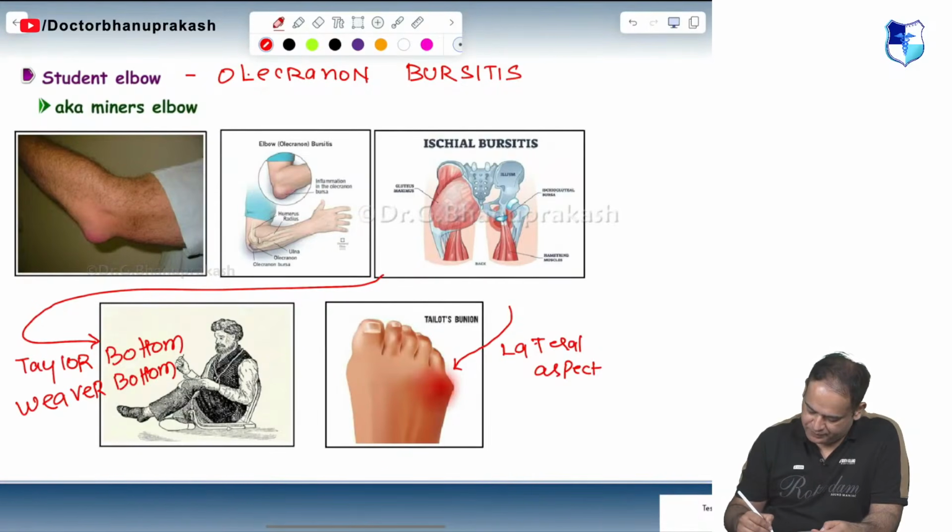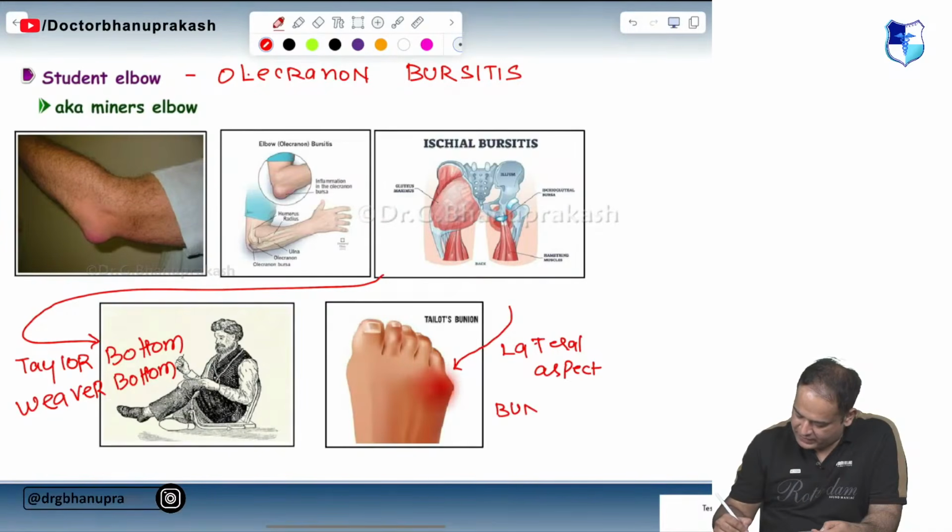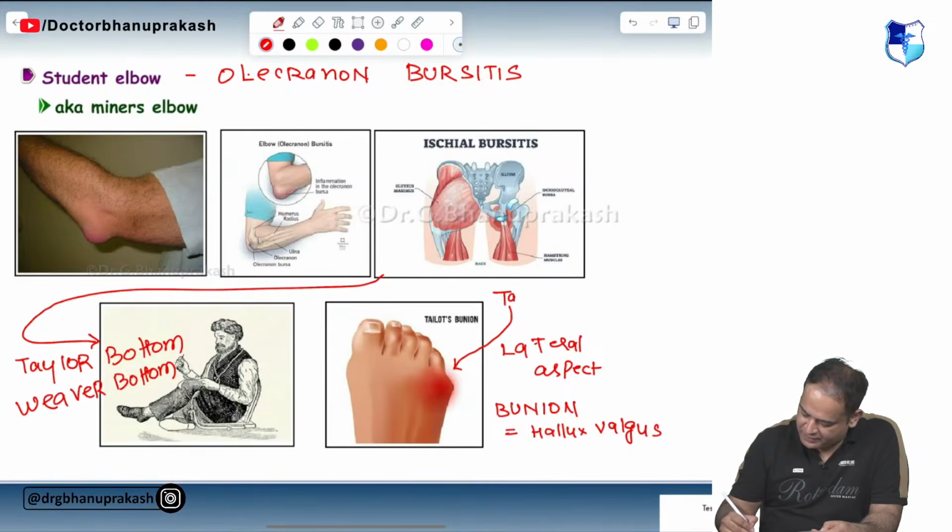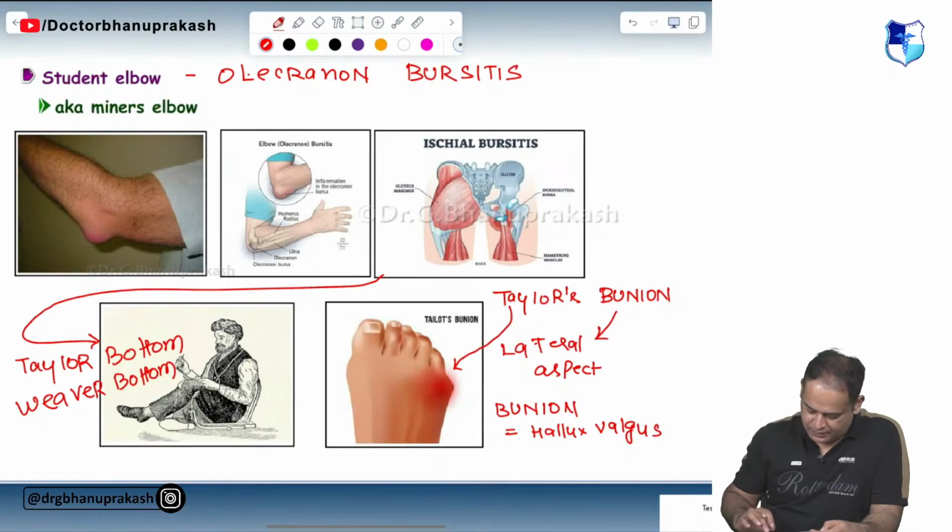You see here, what exactly is bunion? So bunion is basically hallux valgus, but Taylor's bunion is different. Taylor's bunion is seen on the lateral aspect, right?